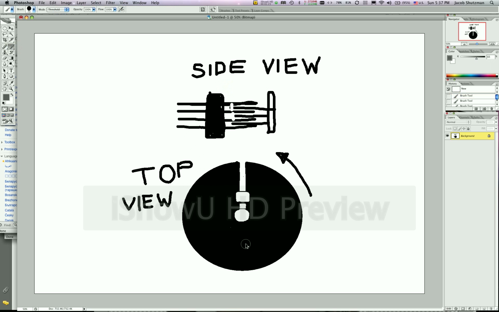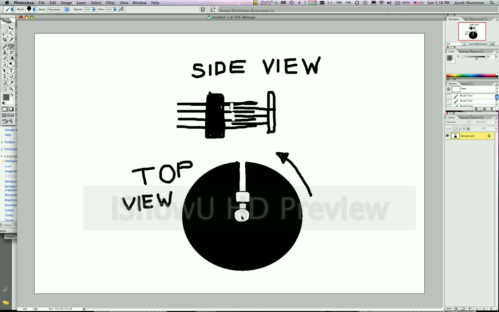This is basically the drive from the top. It's a circle, and this white thing here is an arm, and on the arm there is something that's called the read-write head, which is here. It's a piece of white that's a little wider than the arm.